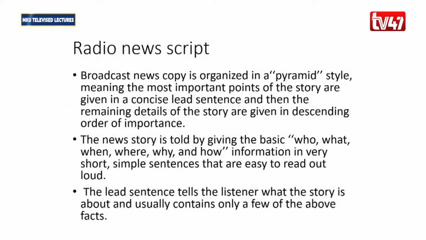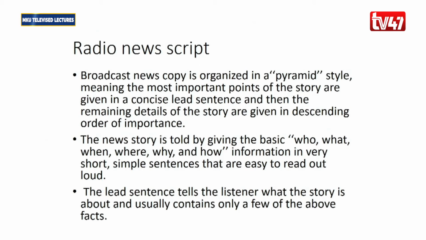So in the newspapers, the news story is told by giving the basic who, what, where, when, why, and how. Information in fairly short, simple sentences that are easy to read aloud. In the case of newspapers, we try to give all this information within the first sentence.